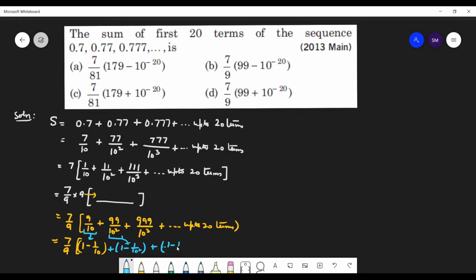All of you can do it, students. It's clear up to this point. So we have split this term so that we get one constant AP and another as GP with the R equals to 1 by 10, isn't it?